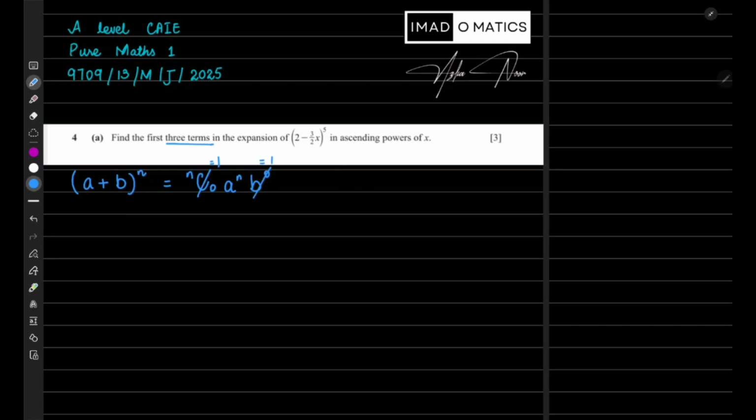So we normally write the first term to be a to the power n plus nC1, a to the power n minus 1, b to the power 1 plus nC2, a to the power n minus 2 and b to the power 2. So these are your first three terms of the expansion.